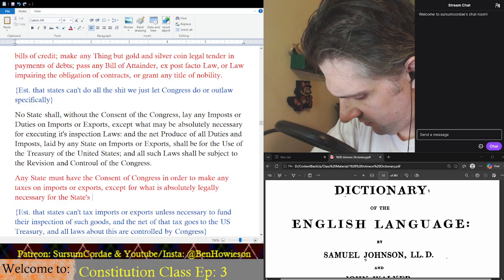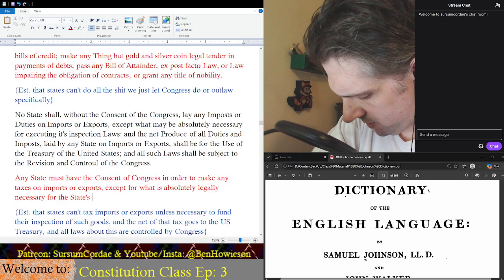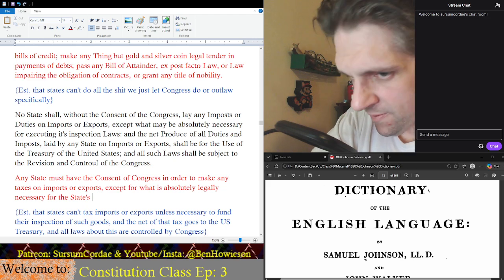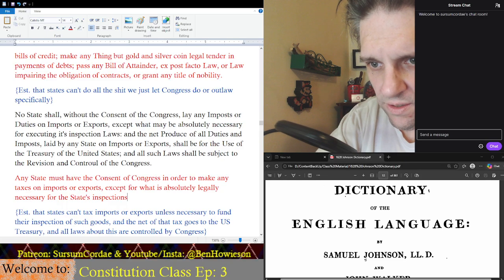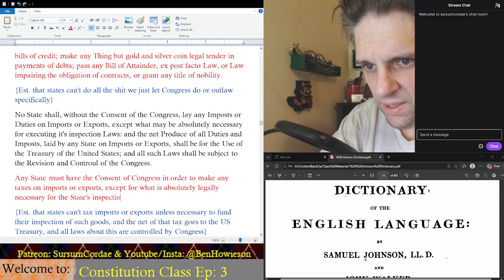The state must have the consent of Congress in order to make any taxes on imports or exports except what is absolutely legally necessary for the state's inspections.